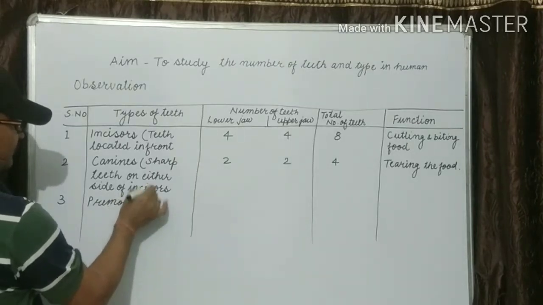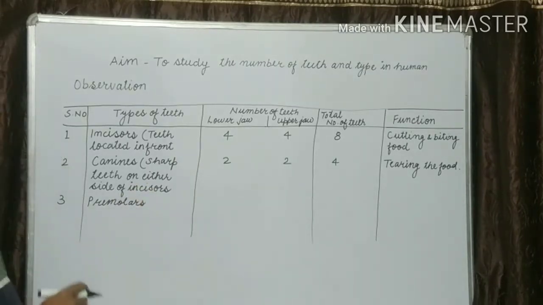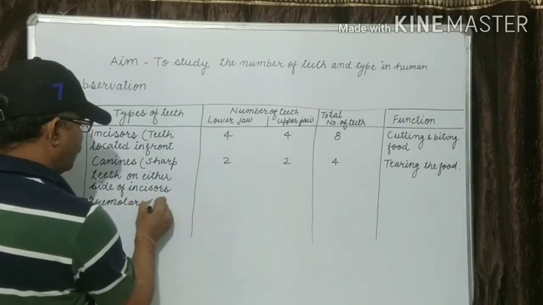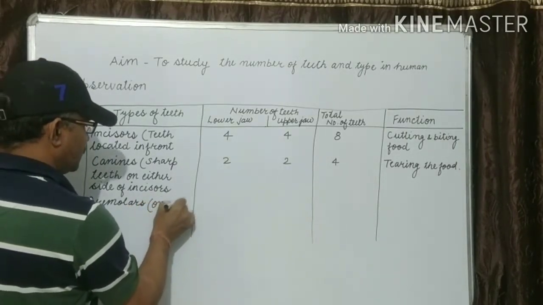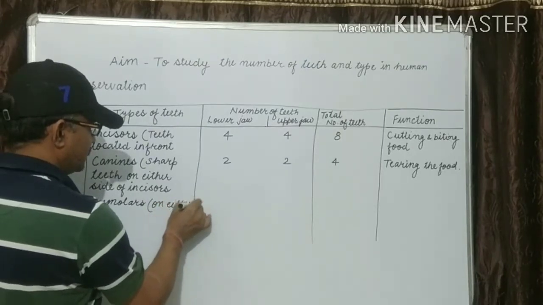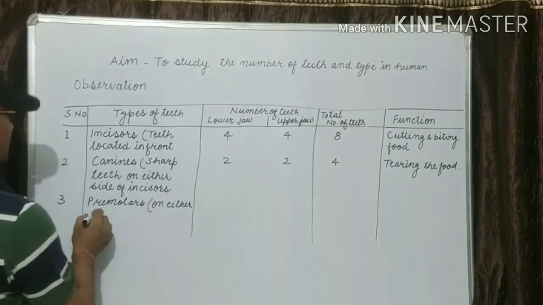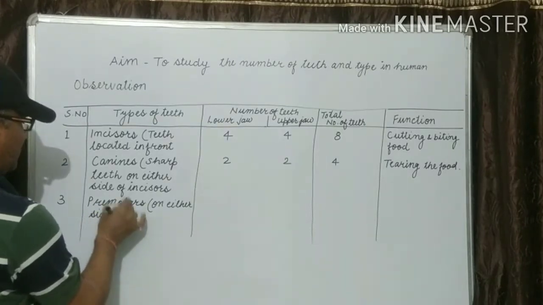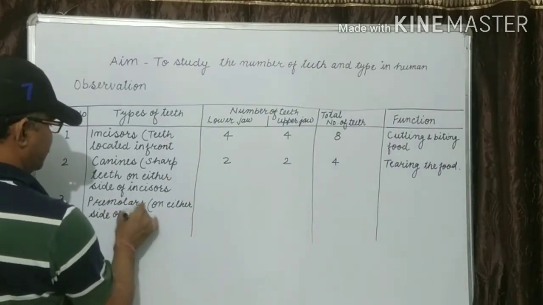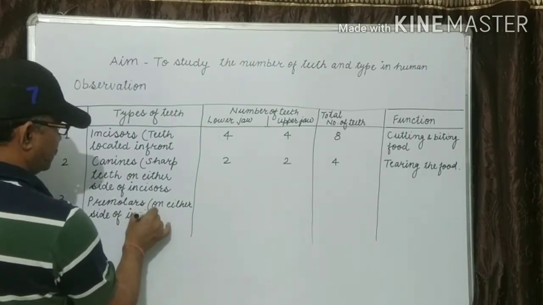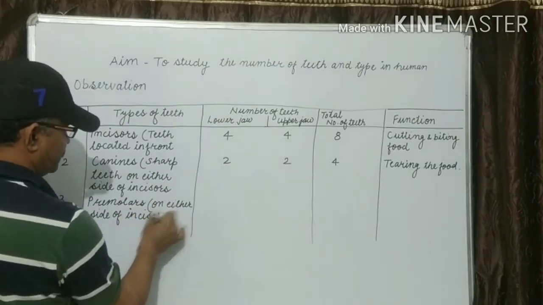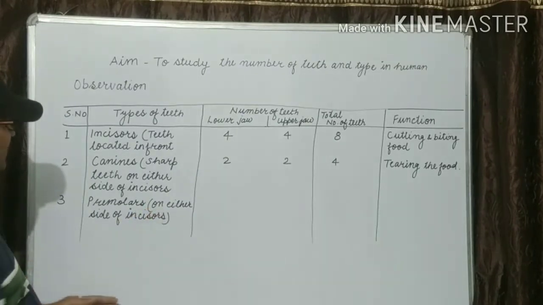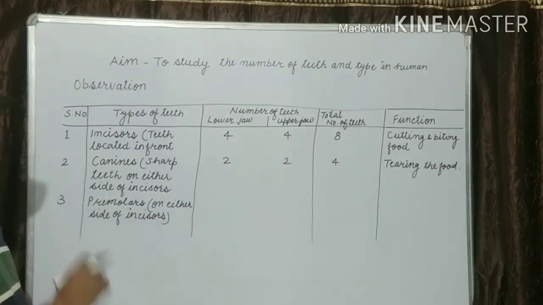Next is premolars. Premolars, where they are present? On either side of canines. Clear it? Where is the location of premolars? They are present on either side of canines.